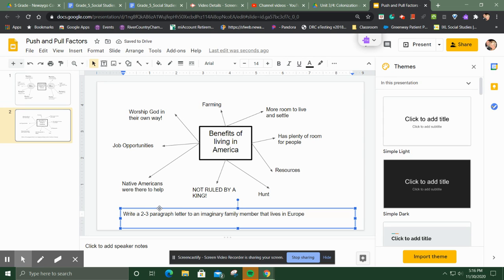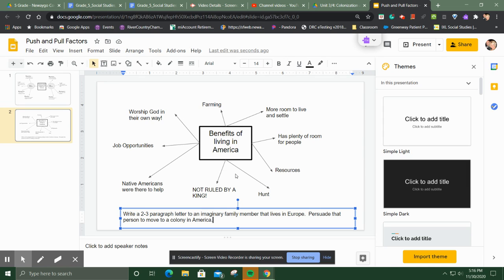So just come up with a name. You can use a family member's name, but pretend that they're living in Europe. Persuade that person to move to a colony in America. And what I suggest you do is look over what were the benefits of living in America.